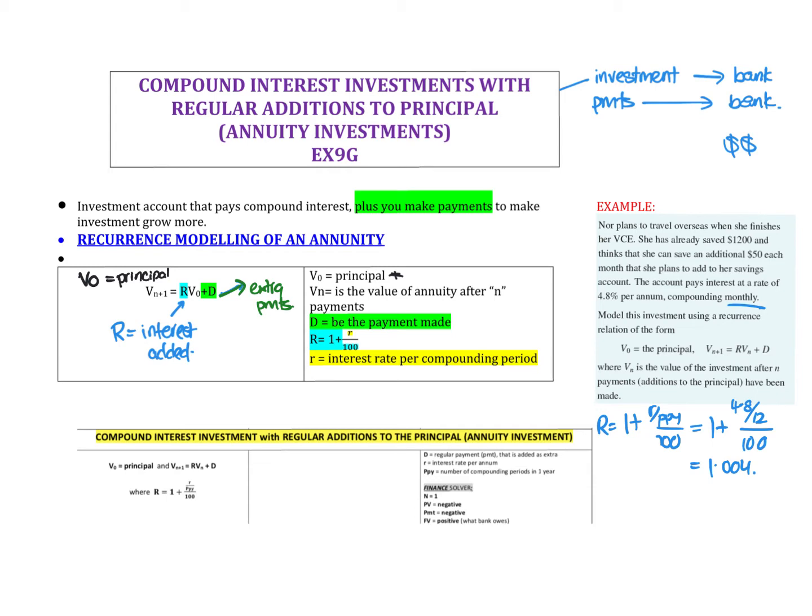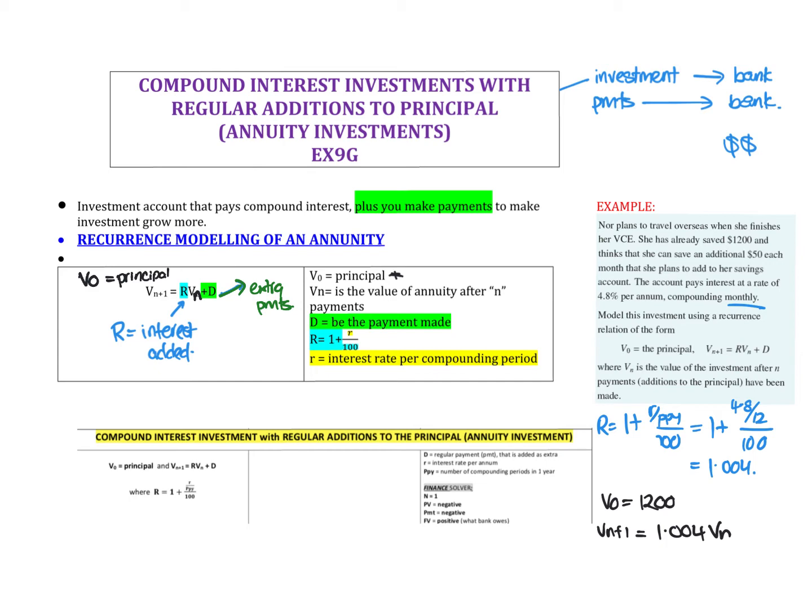Now if we're going to write the answer out, we'll put V0, which is her initial amount, 1,200. Then we're going to do V(n+1), so that's where we write the R value, which is 1.004, times Vn. That should say Vn over there too, that's a mistake.